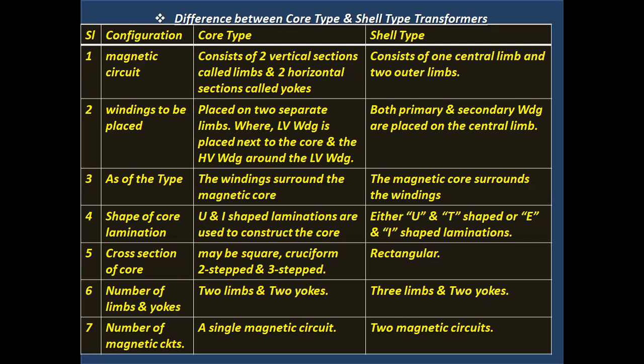It may be square or cruciform, two-stepped and three-stepped for core type, whereas in shell type, the shape is rectangular. Number of limbs and yokes. For core type, 2 limbs, 2 yokes, whereas shell type, 3 limbs, 2 yokes. Number of magnetic circuits: a single magnetic circuit in case of core type, whereas for shell type, 2 magnetic circuits.